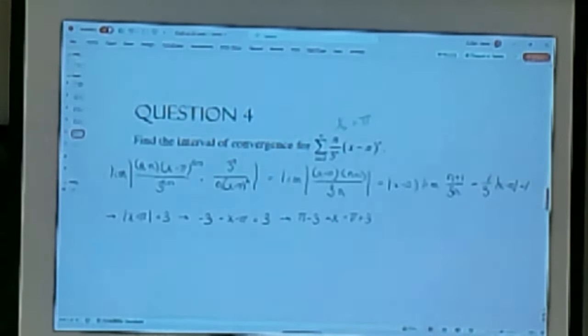What was the limit? 1/3. Huh. Reciprocal. That's interesting. The radius always seems to be the reciprocal of the limit of the term after removing x. More specifically, x minus x naught.